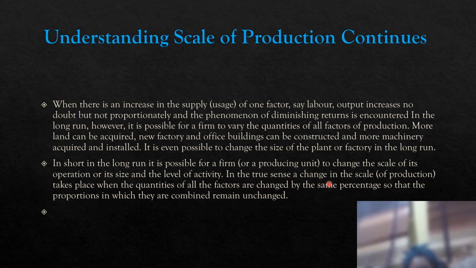In the true sense, a change in the scale of production takes place when the quantities of all the factors are changed by the same percentage so that the proportions in which they are combined remain unchanged.